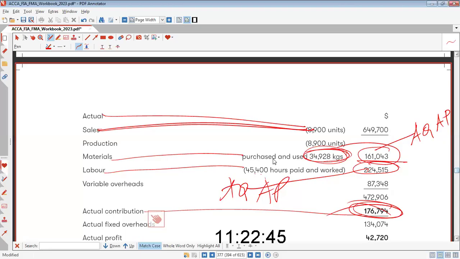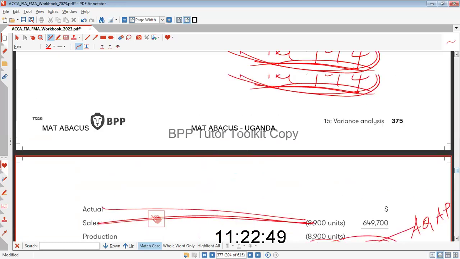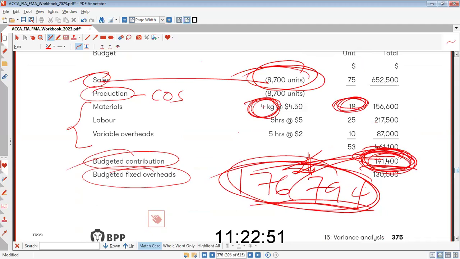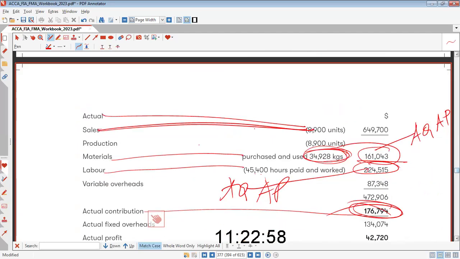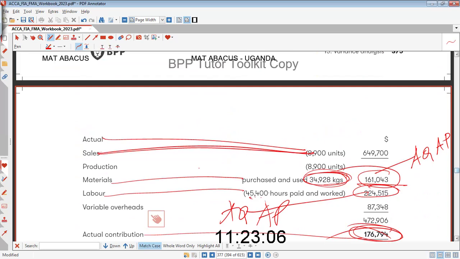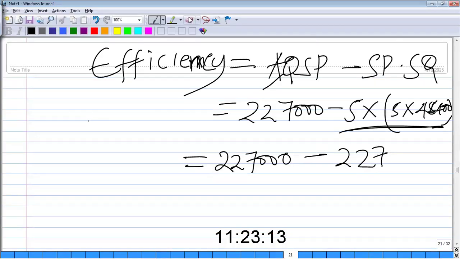Okay, let's go back. The standard consumption: each unit should have used how many hours? 5 hours. Sorry, it's not times this. Apologies. Times the actual number of units, 8,900.